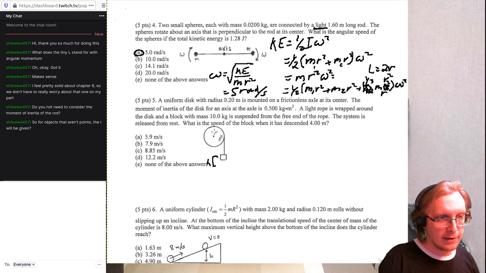We are told an I for this. We want to know speed, so that sounds like an energy conservation question. The energy that we started with is equal to the energy that we ended with. The energy that we started with is our potential energy in the block.